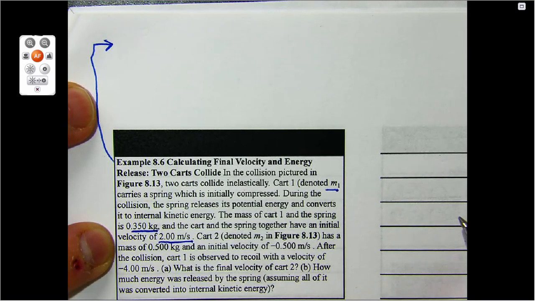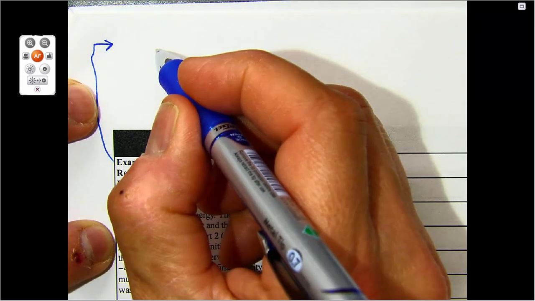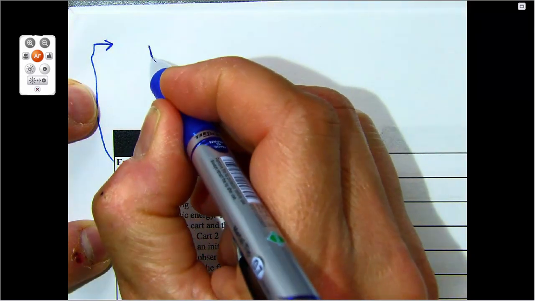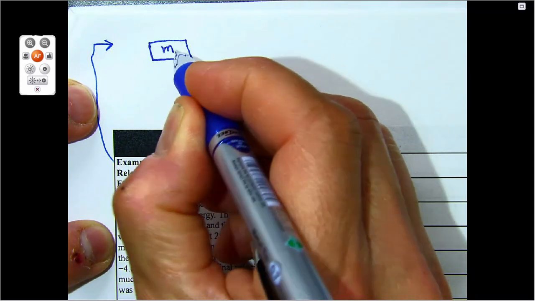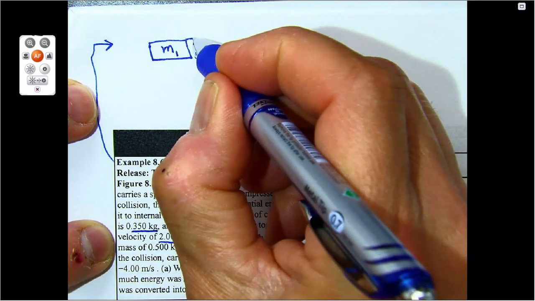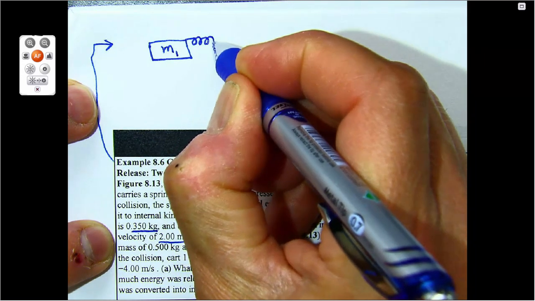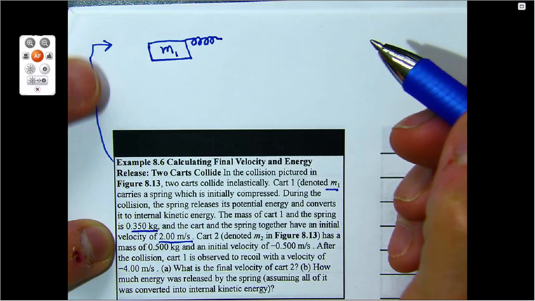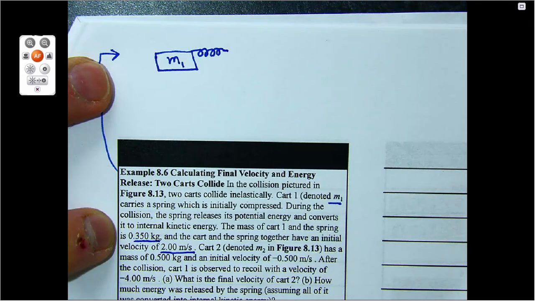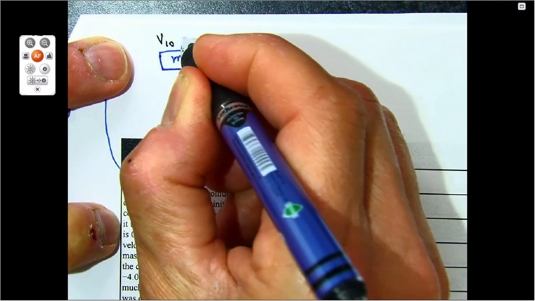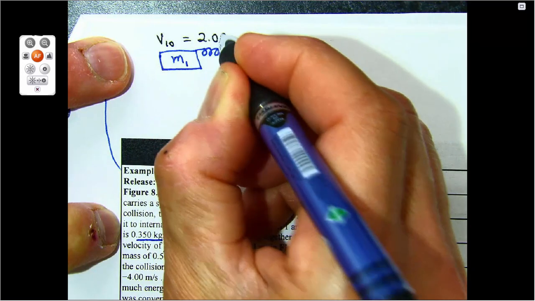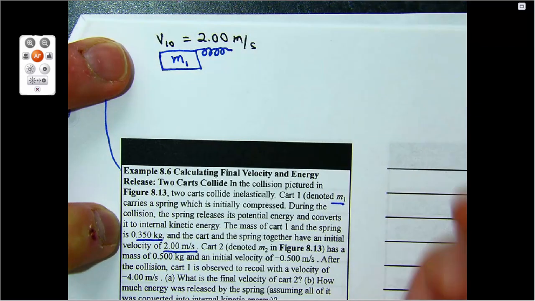Okay, let's see what we've got here. I'm going to draw this out. This is M1. Got some kind of spring on this. This V1 initial is 2 meters per second going to the right.